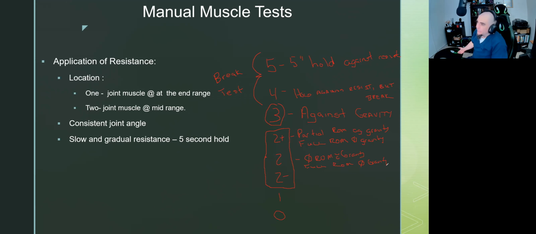And then you lay me down on my side, and I'm like, oh, yeah, now I can do it. So a 2: no range of motion against gravity, full range of motion when you eliminate gravity.